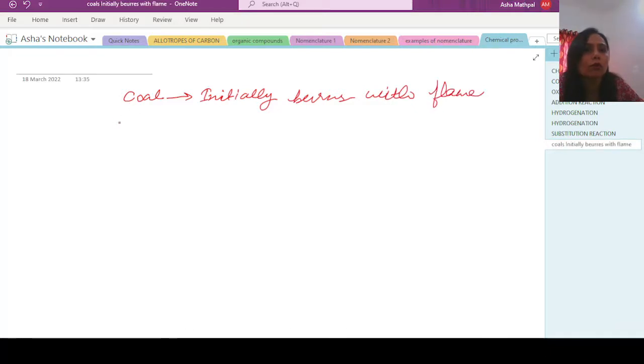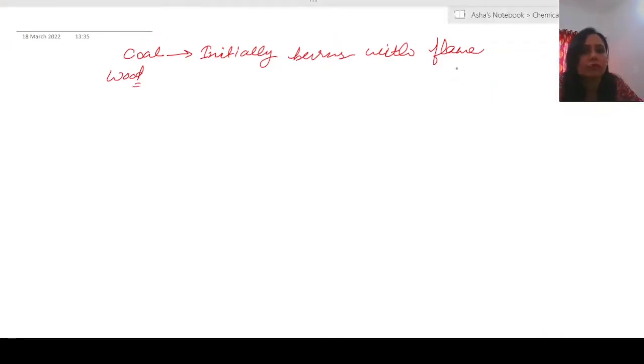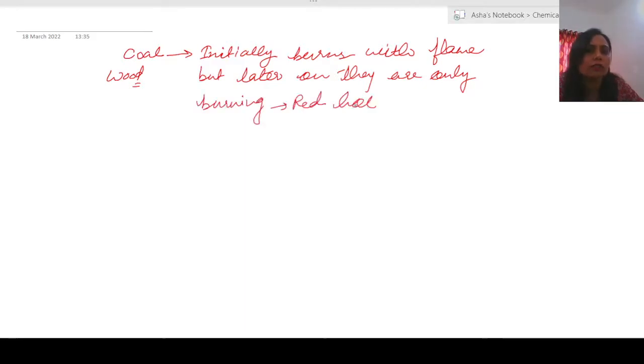Wood or coal, if you observe them, will always burn initially with a flame, but later on they are only burning, and the color coming is red hot, that is, the flame is not there, no flame.